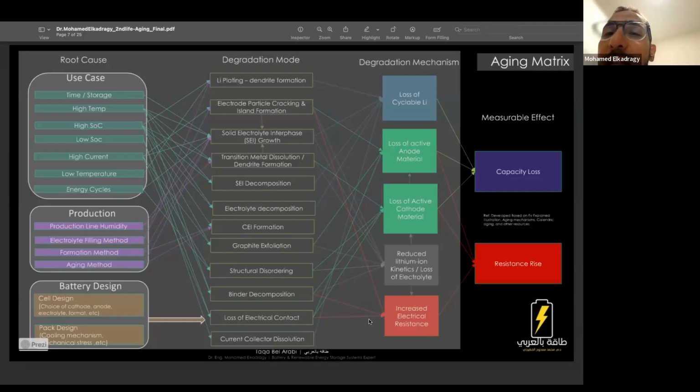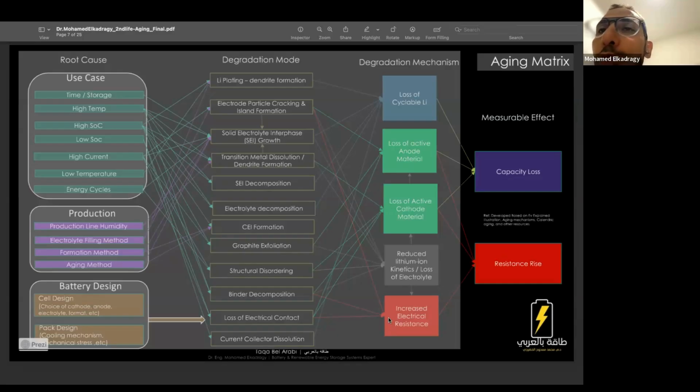There are production related aspects as well, which can be a root cause for my cell aging faster or slower. And there are battery design aspects. It doesn't end with the cell design. How I design my pack can trigger one or more of the degradation modes, which can lead at the end to fast or accelerated aging or not.